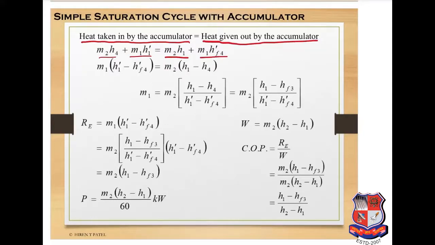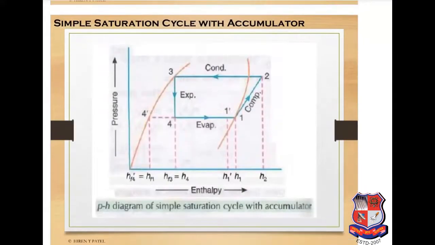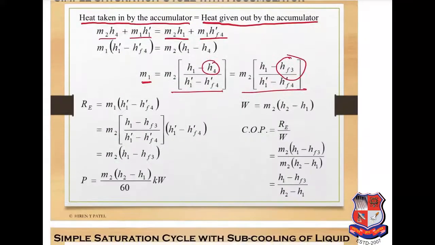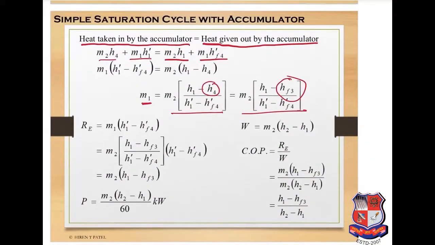So from this we can find out the equation for M1, and again H4 is equal to HF3, as we can see inside the p-h chart. So that can be written here. So same as refrigerating effect, that is M1 (H1 dash minus HF4 dash).